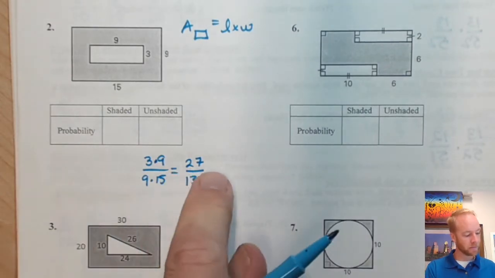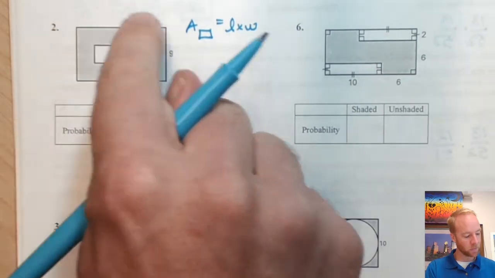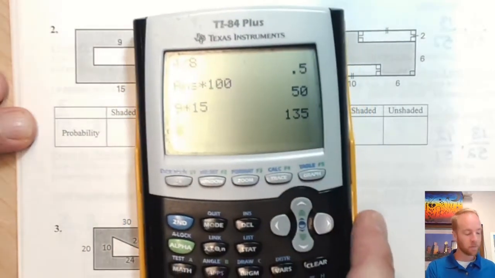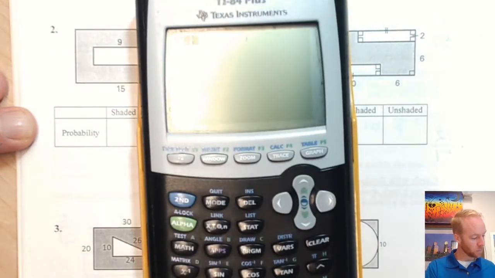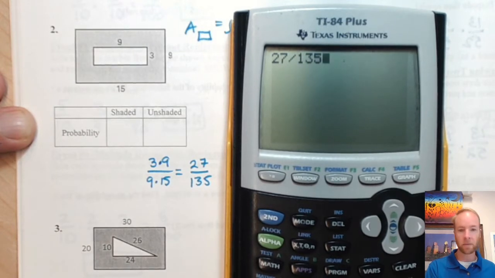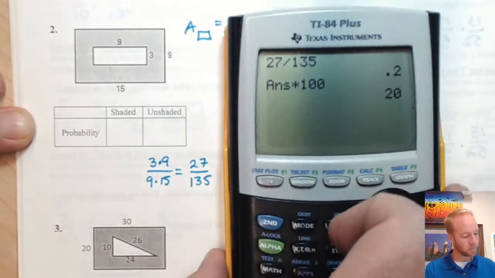Okay, so that's the fraction of unshaded. The 27 is the unshaded over the total shape, 9 times 15. So if I divide these, I'll change it to a decimal. 27 divided by 135 is 0.2. If I multiply that by 100, it changes it to a percent, 20%.